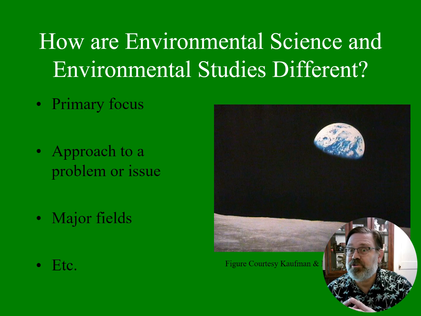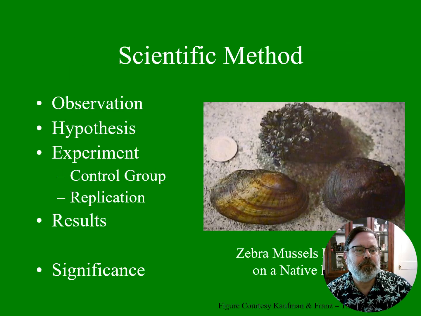So it's the foundation for solving environmental problems, but it by itself does not. In contrast, environmental studies is more interdisciplinary. It relies on science, but it also needs an understanding of economics. It needs an understanding of laws and political systems and things like that in order to be able to really understand and solve an environmental problem.